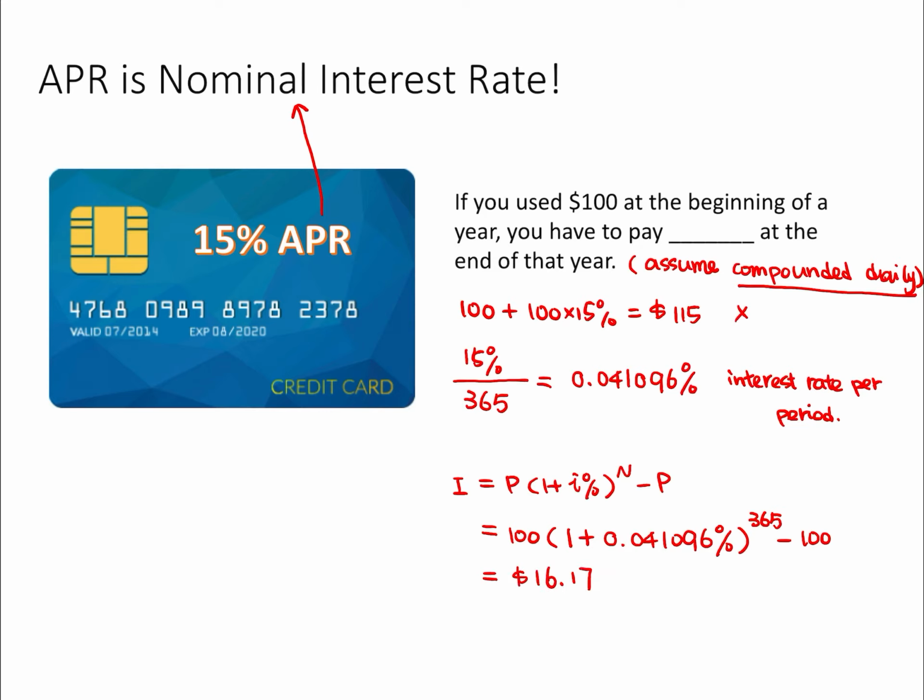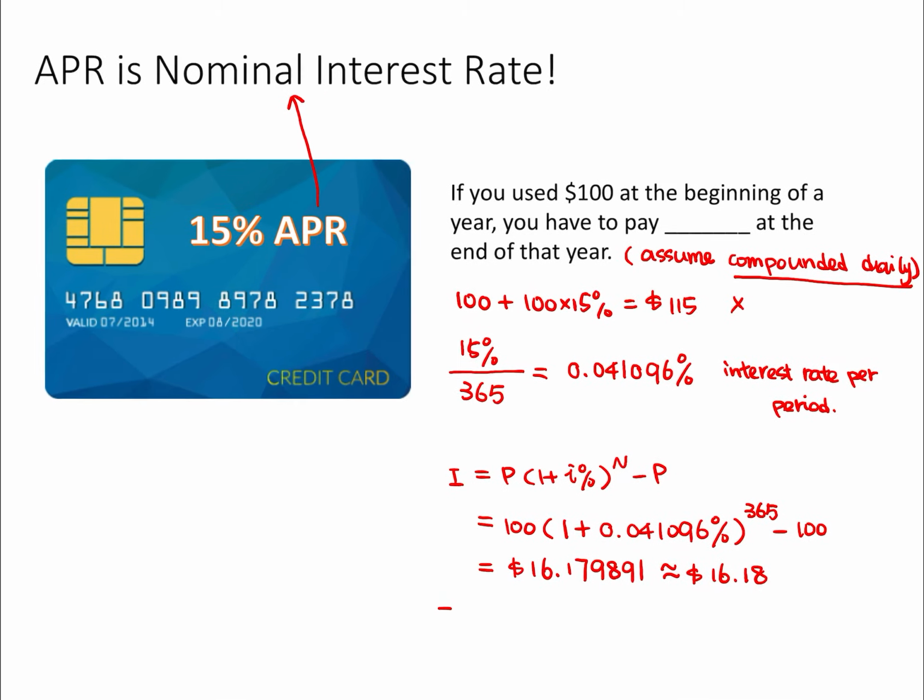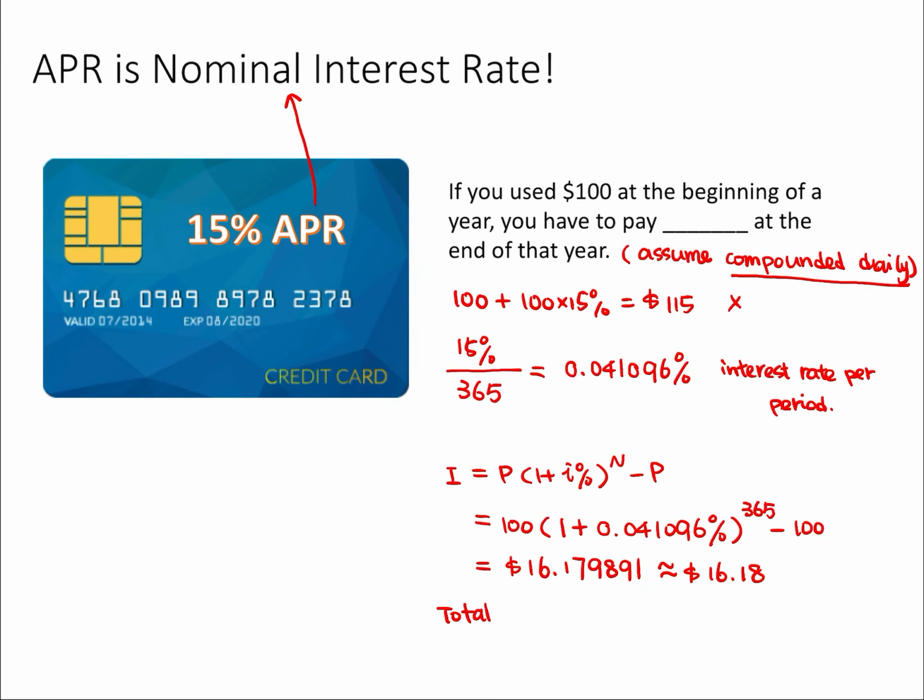So it's 16.179891. Let's say it's $16.118. That's your interest. And then the total amount you have to pay will be your interest plus your principal, right?